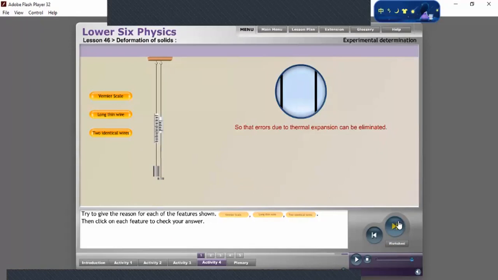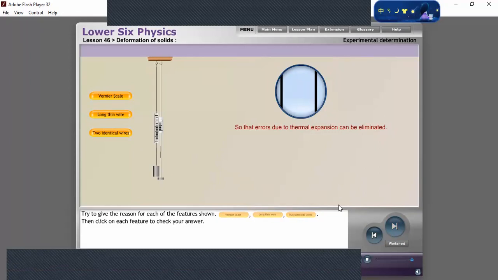So by the data provided, we can use it to determine the stress and strain. Okay, next.